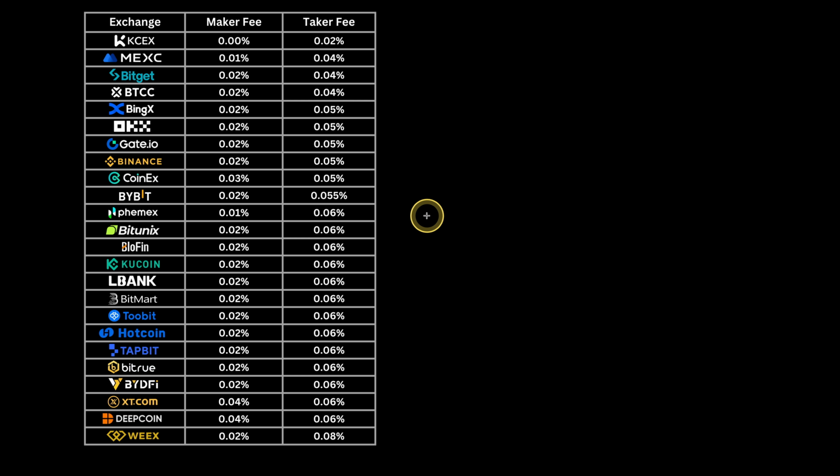Here you can see a comparison of the fee rates from WEEX to other exchanges. As you can see, the maker fee of WEEX is pretty much the average, so pretty comparable to most other exchanges with 0.02%. But the taker fee is definitely the highest in this list with 0.08%. Most of the other exchanges are actually lower than that.